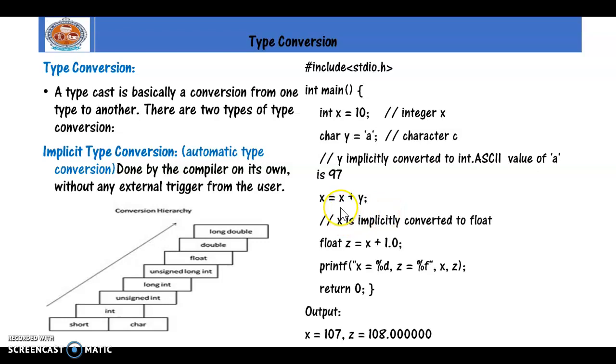So here I'm trying to add x plus y, 10 plus 97. What is the outcome? 107. Right? Here if you observe, the two data types are different. x has an integer data type and y has what data type? Character data type. Here the compiler will automatically convert this character into integer.